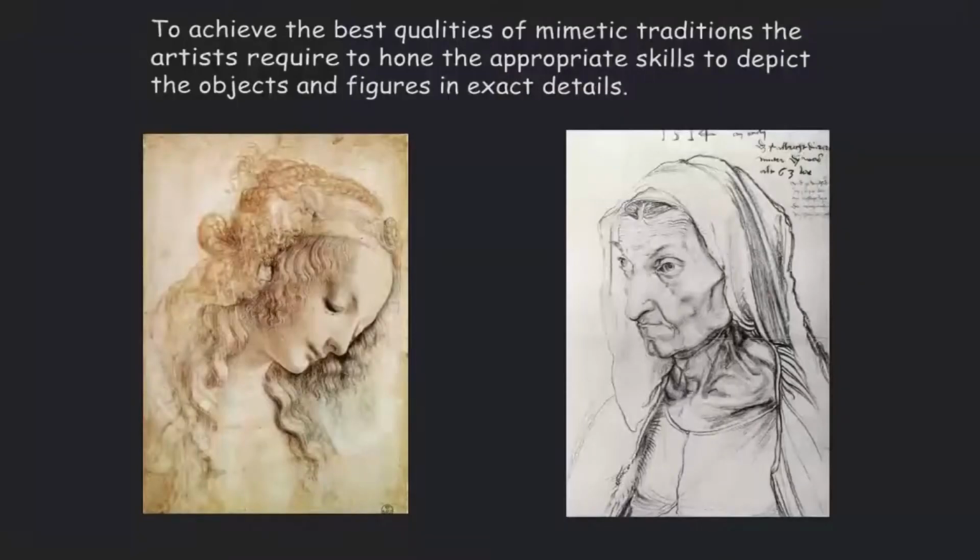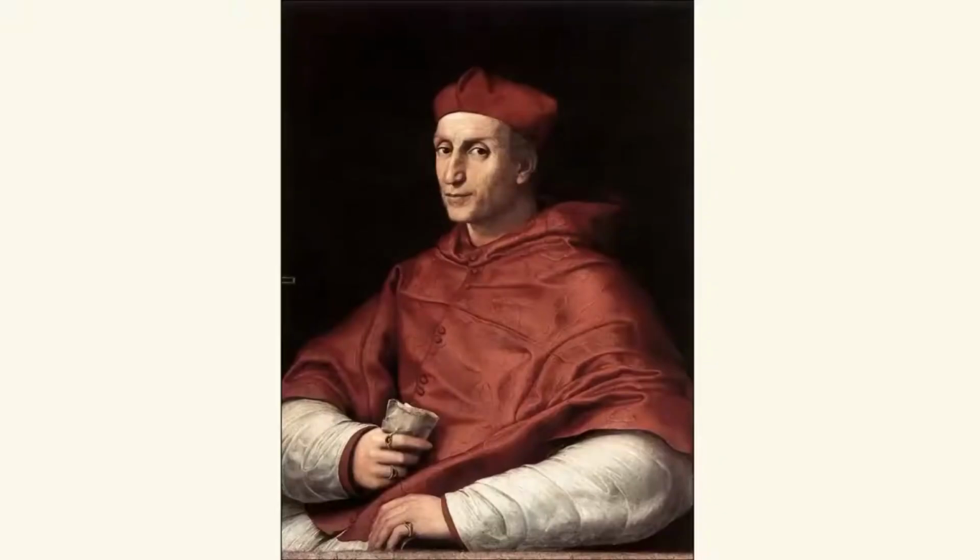So, to achieve the best qualities of mimetic traditions, the artist requires to hone the appropriate skills to depict the objects and figures in exact details like this one. You almost feel that you can go and touch the robe, you can touch the drapery, you can touch the cloth, you can touch the skin, and if you touch the skin, you will get that kind of tactile feeling.